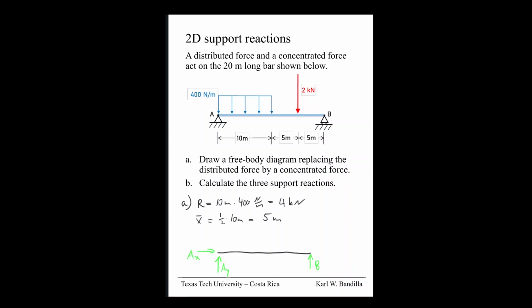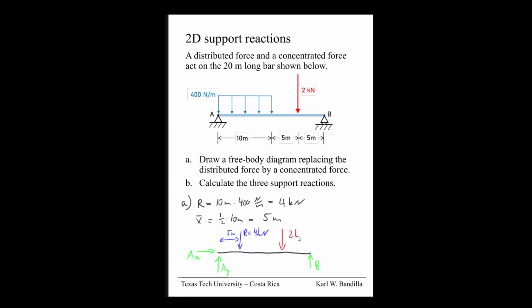And then we have our two forces. We have our force right here. This is R equal to 4 kilonewton. We know this distance here is, we just calculated 5 meters. And then we have our other force somewhere over here.